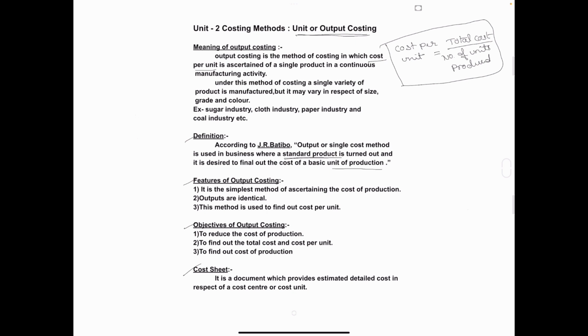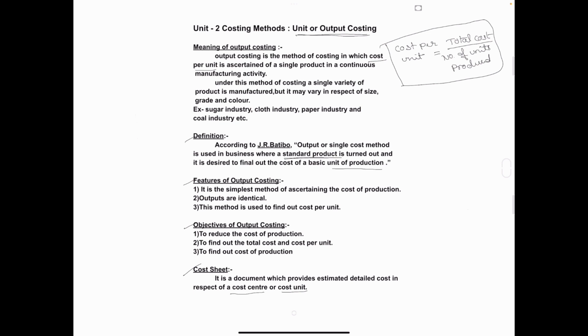It is the document which provides estimated detailed cost in respect of cost center or cost unit. In cost sheet, we record all the expenses or the overhead incurred to produce a product, and these overheads are categorized in 3 parts: factory overhead, administrative overhead, and selling and distribution overhead.